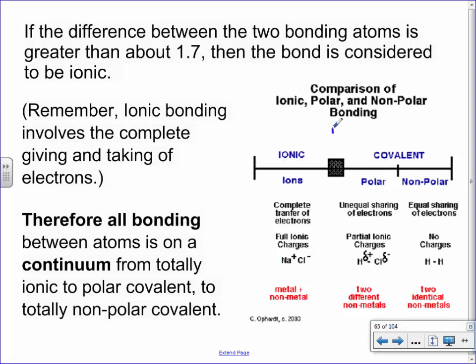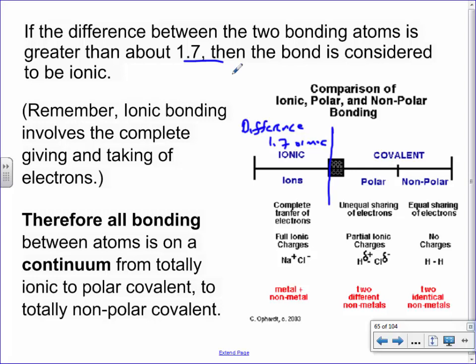In general, the breaking point here is a difference of 1.7 or more. If the electronegativity difference is about 1.7 or more, usually that is enough for someone to literally just steal away an electron, and they're not sharing it at all anymore.